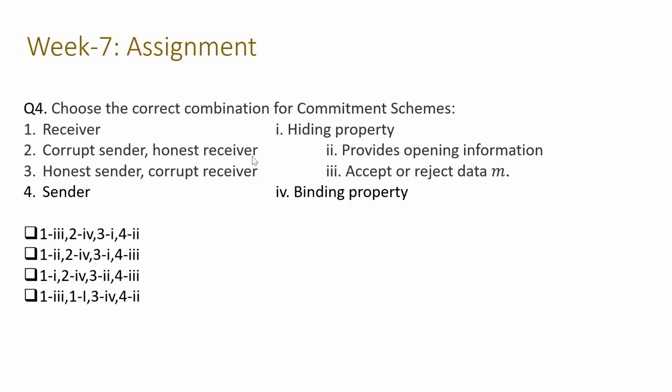Corrupt sender, honest receiver matches with the binding property, as I already discussed. Honest sender, corrupt receiver matches with the hiding property, which I also discussed. And the sender provides opening information. So our option goes 3, 4, 1, 2, right? So that is the first option.